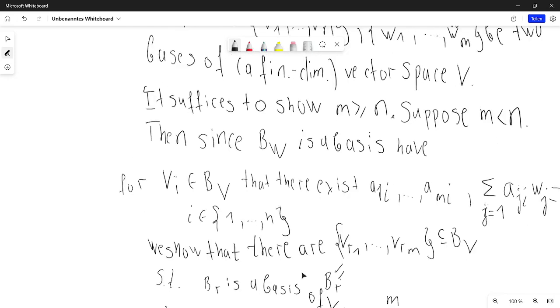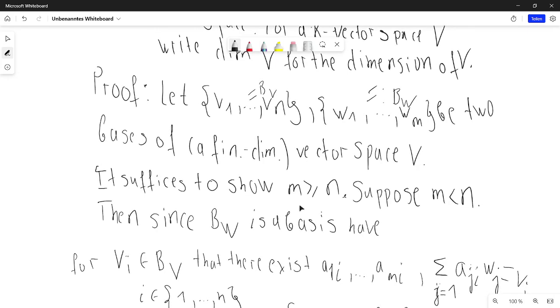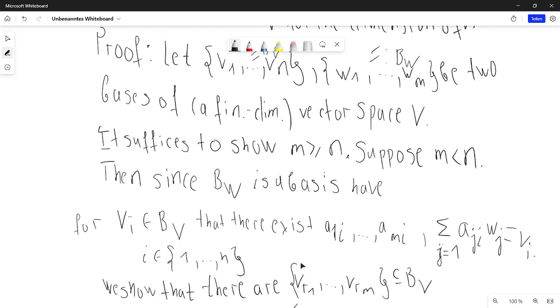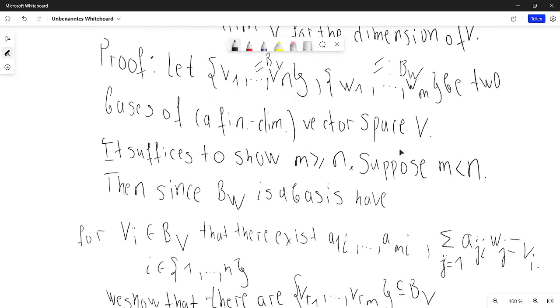So yeah, you can see finding proofs is not always easy. It's actually the most interesting thing.